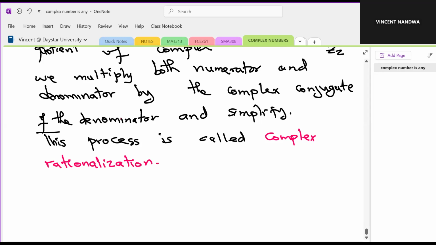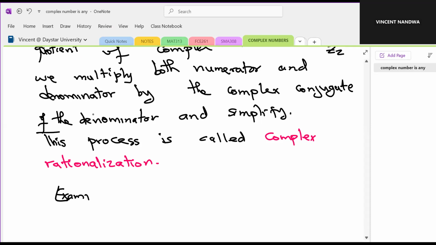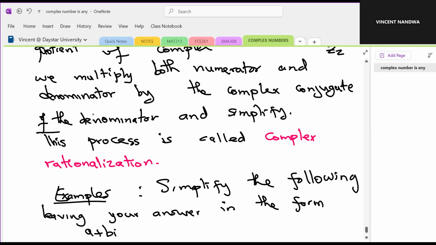So we'll demonstrate using examples to understand how to carry out this operation. So examples. Simplify the following, leaving your answer in the form A plus Bi, where A and B are real.